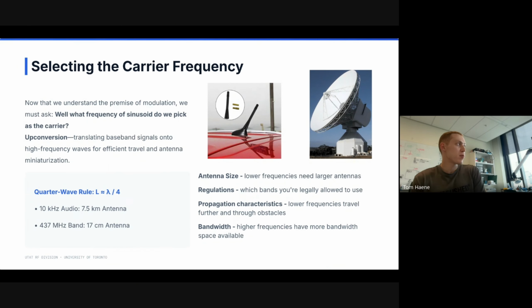The reason why it matters is there are 4 reasons. I'll start with the most important one, which is antenna size. Shout out Juno over here, lead of the antenna course. There's a link between frequency and antenna size that you need, in the sense that, let's think of baseball. You have a ball and you have a glove.